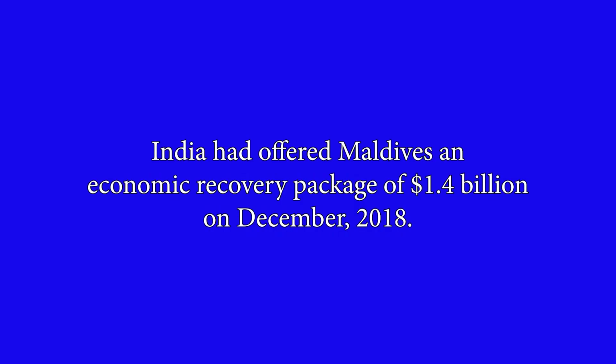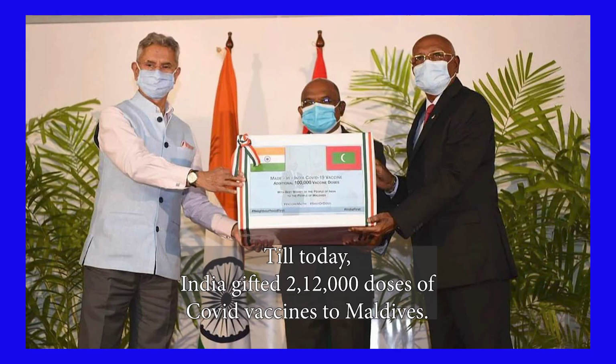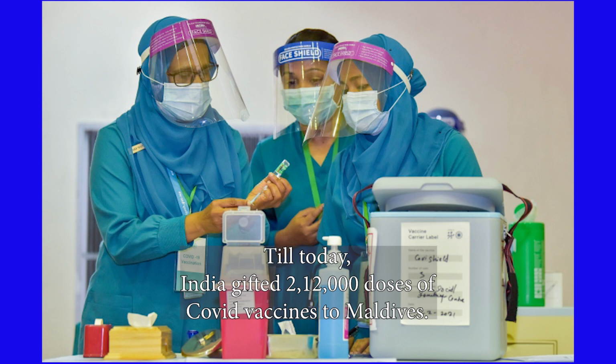India offered Maldives an economic recovery package of almost $1.4 billion during Prime Minister Narendra Modi's visit to the island nation, and after COVID-19, Maldives was one of the first countries to receive the COVID-19 vaccines from India when India gifted them to the neighboring countries.